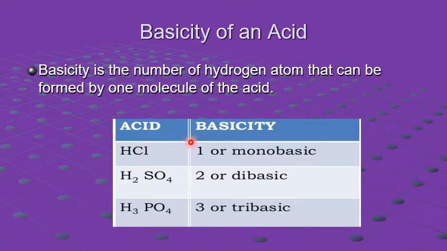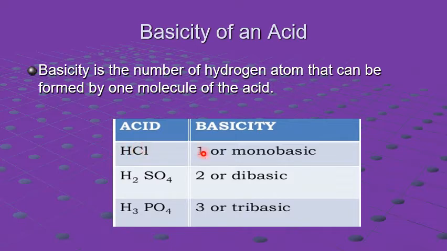Next, we have the basicity of an acid. Basicity is the number of hydrogen atoms that can be formed by one molecule of the acid. So basicity is just telling us the number of hydrogens present in your acid.